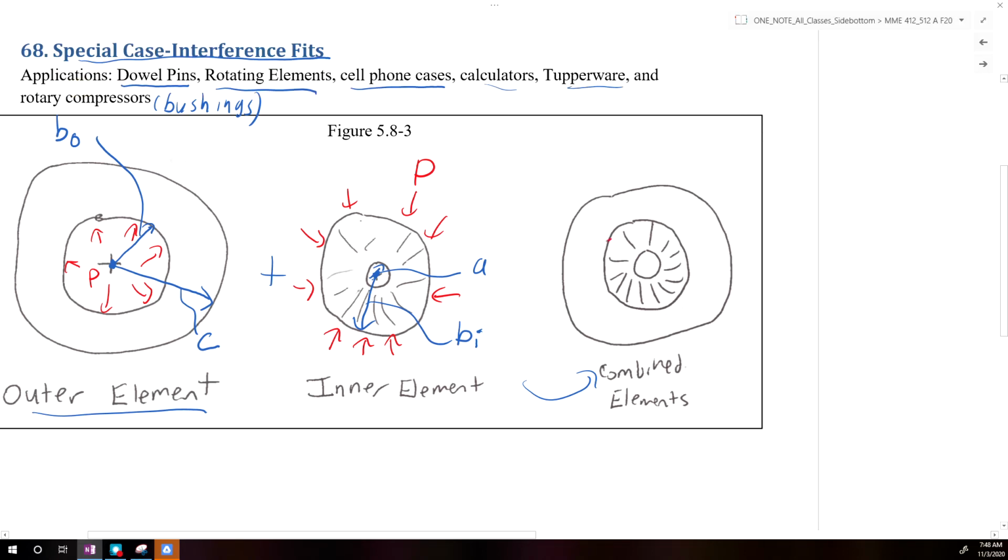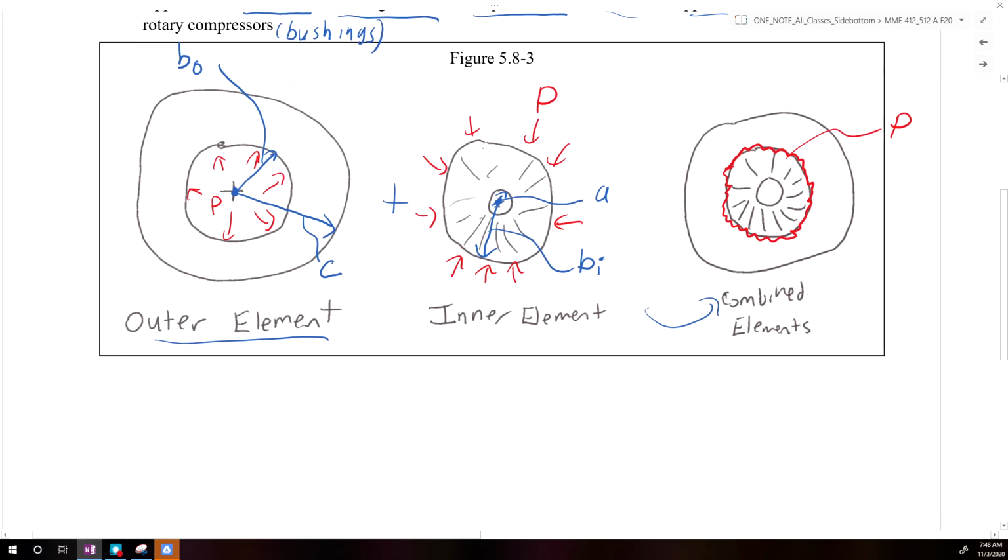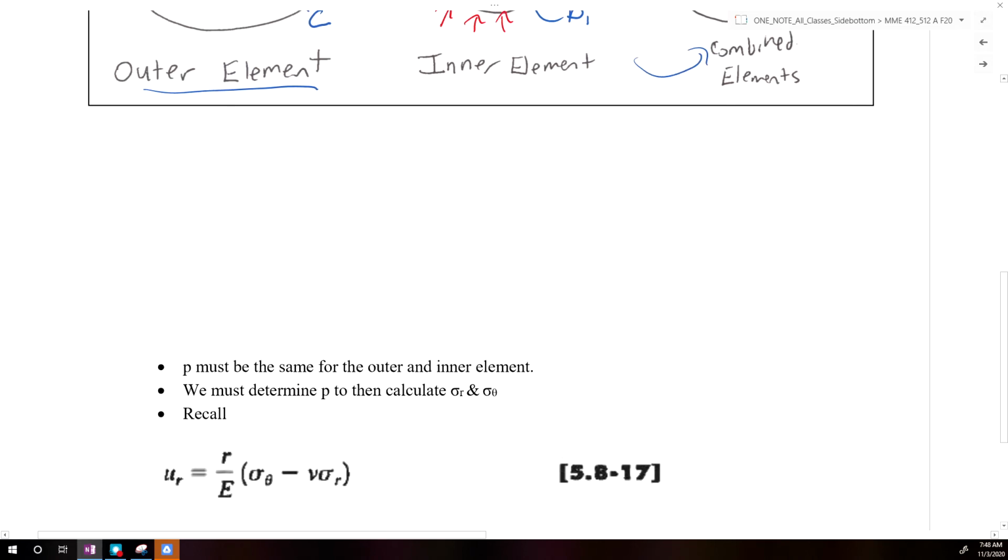So when we combine these two elements, that interface between the two is where our internal pressure is being applied to both sections. For our case of interference fits, you have to have the same pressure on the inner and outer element. Once we determine what that pressure is, we can then calculate our radial stress and our tangential stress.